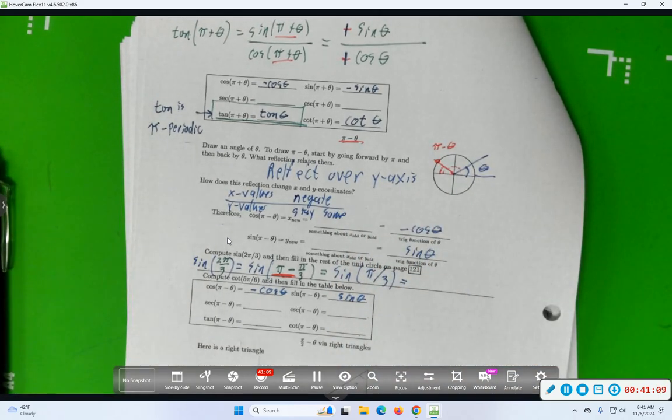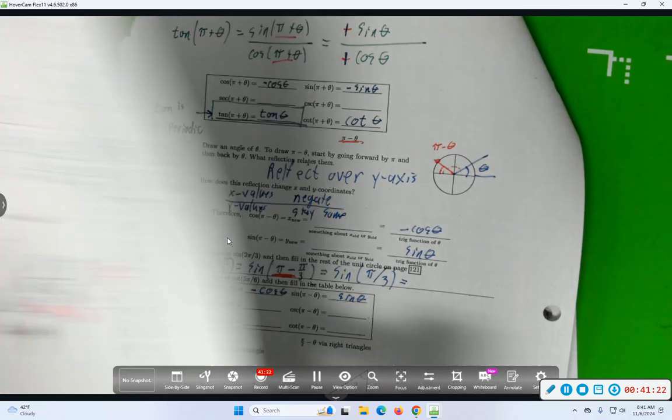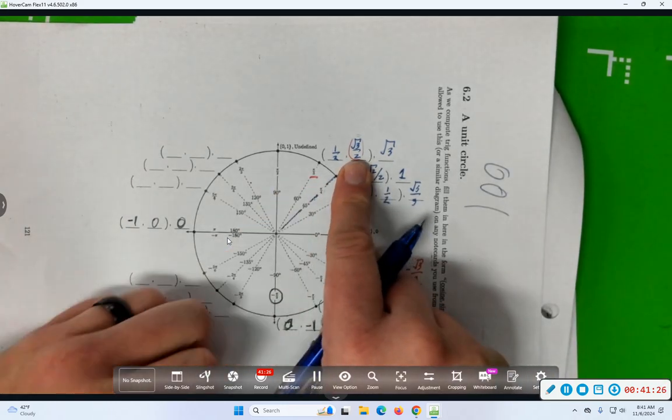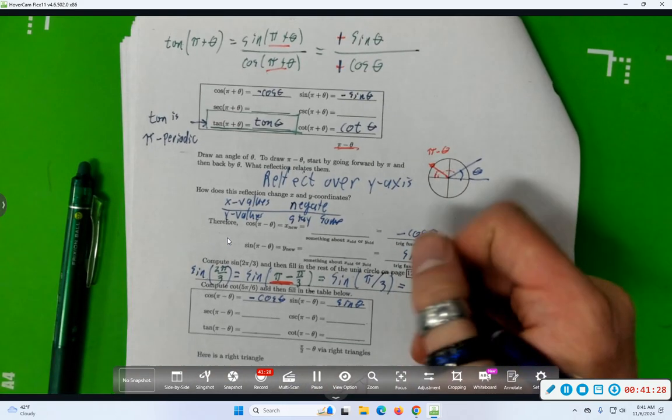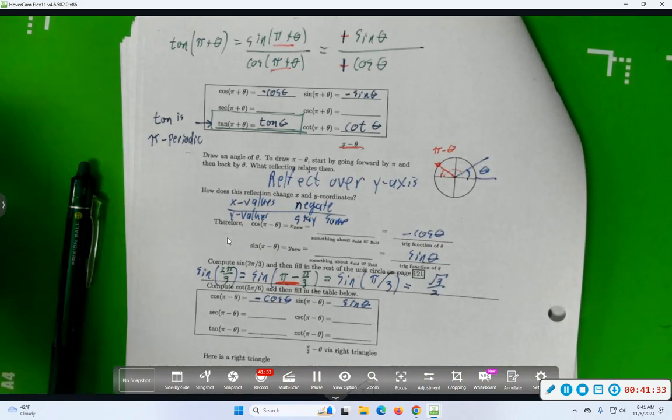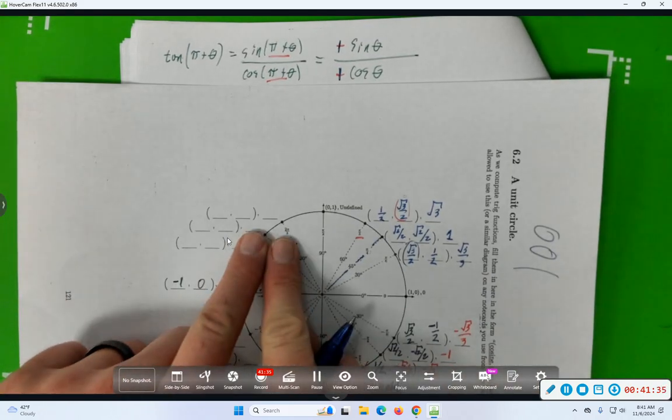And grab your unit circle. What's the sine of pi over 3? Pi over 3. Oh, I think we've referenced that same entry a bunch of times today. Root 3 over 2. That also lets me add something to the unit circle. 2 pi over 3.